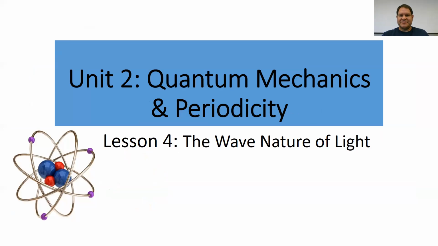All right, you should have your study guides open and turn to lesson 4, the wave nature of light. Now, for the past couple of lessons, we have been focusing on the structure of the atom, specifically looking at an historical approach, looking at various major players in developing our current model of the atom.